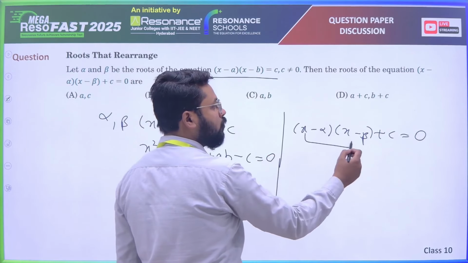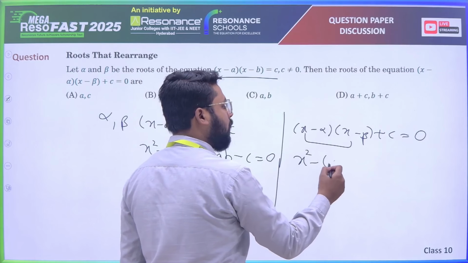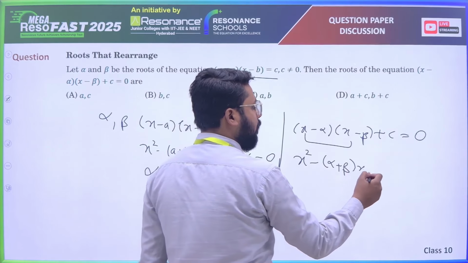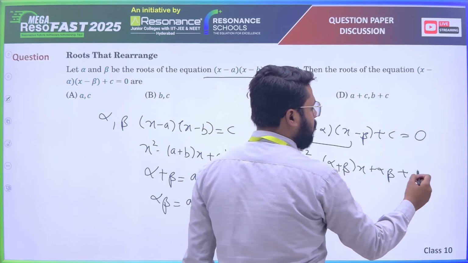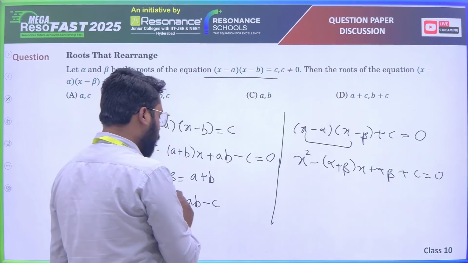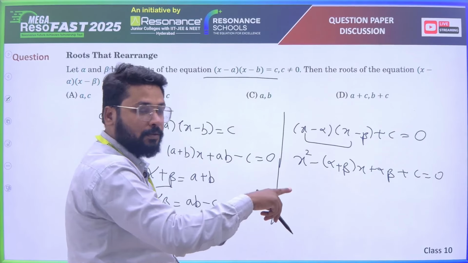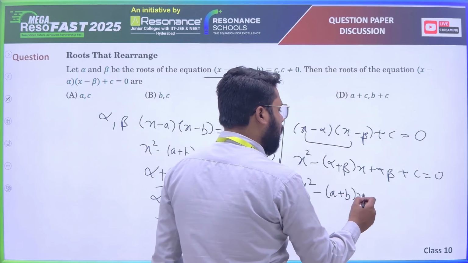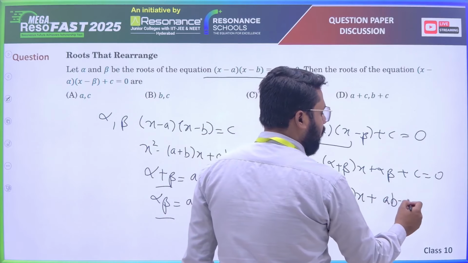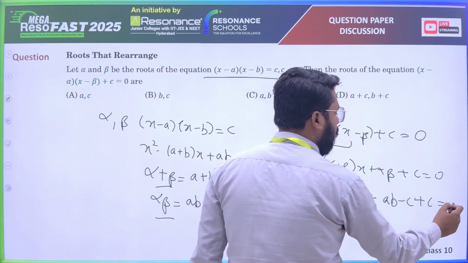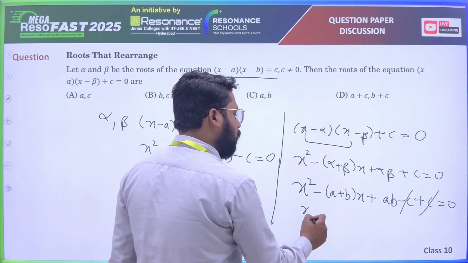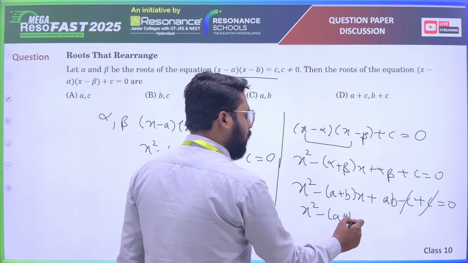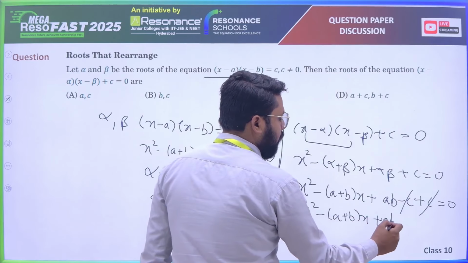If you multiply these two brackets, we'll get x square minus alpha plus beta x plus alpha beta plus c equals 0. We have the values of alpha plus beta and alpha beta, that we will substitute here. This will become x square minus a plus b x, alpha beta is ab minus c, and this plus c is also there. So ultimately we have x square minus a plus b x plus ab equals 0.